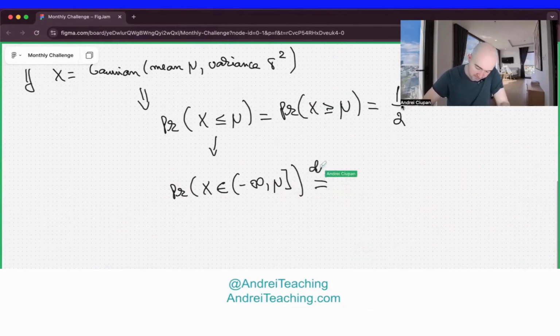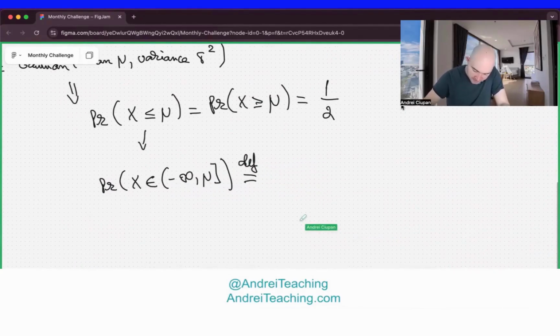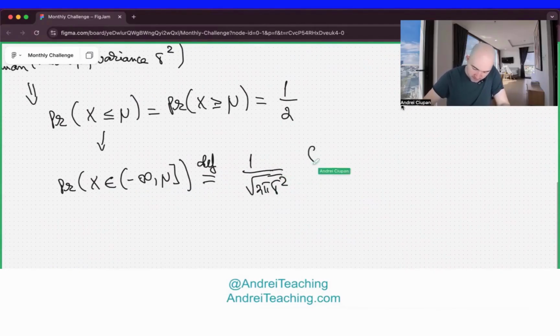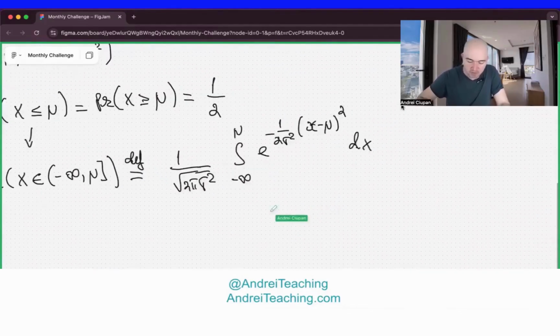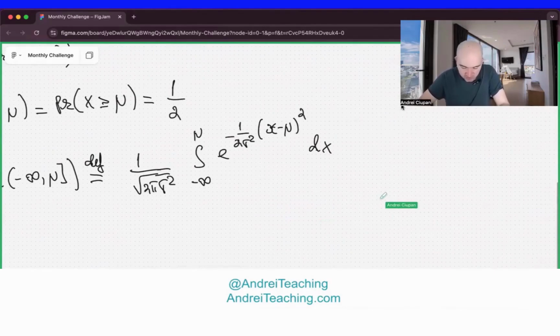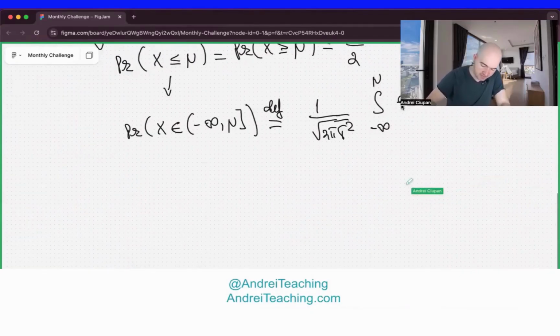And by definition, this is 1 over square root of 2 pi sigma squared times the integral from minus infinity to mu of e to the negative 1 over 2 sigma squared times x minus mu everything squared dx. Okay, we can prove in a way that's not so difficult that this is the same as the probability x bigger than or equal to mu.